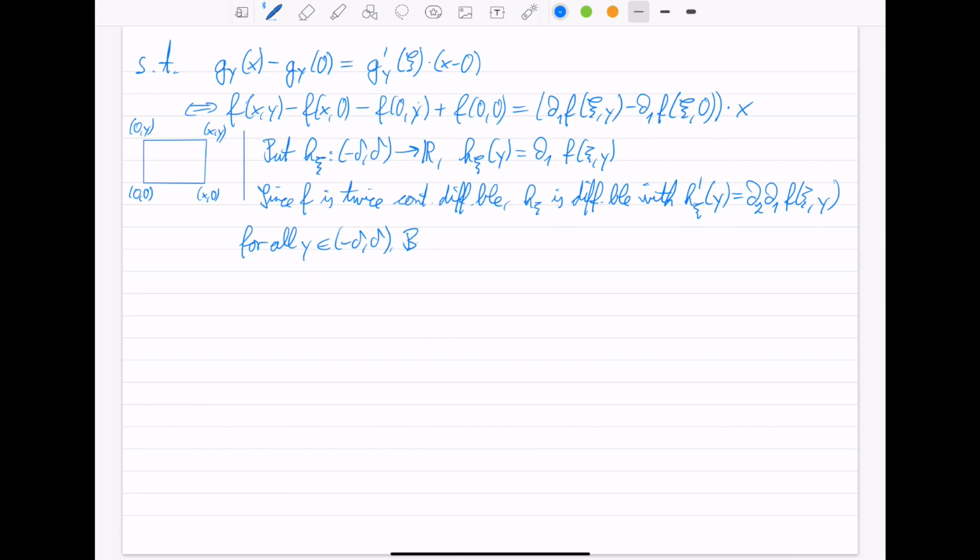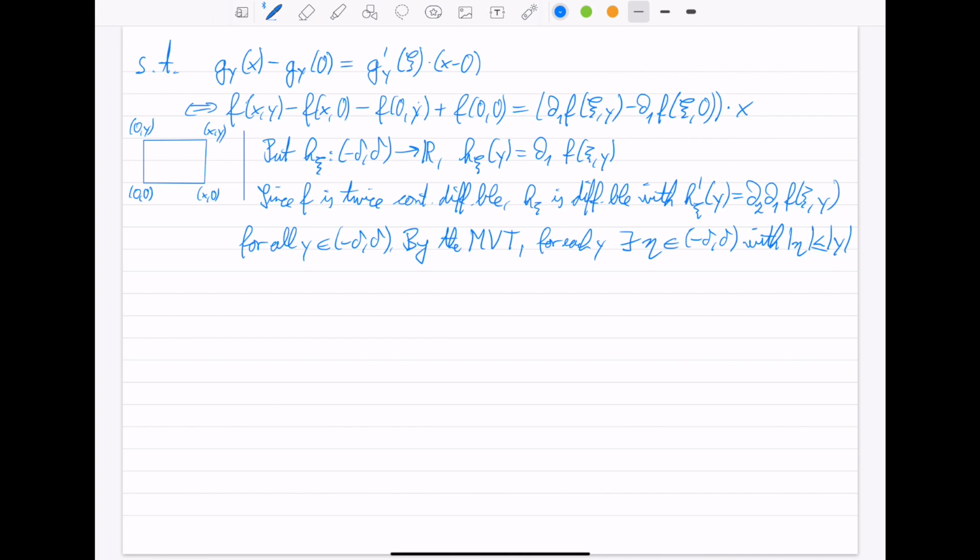So by the mean value theorem, the same as before, the mean value theorem from mathematics 1, for each y there exists some eta, another Greek letter, hooray, eta in (-delta, delta), and again I assume that delta is between 0 and y, which means the absolute value of eta is smaller than or equal to the absolute value of y, which we have here.